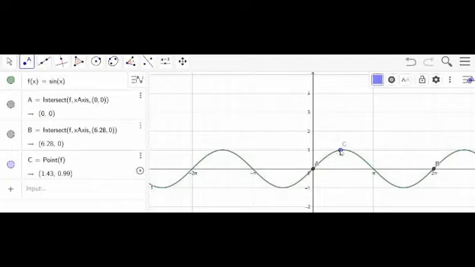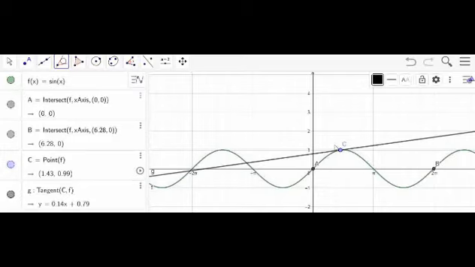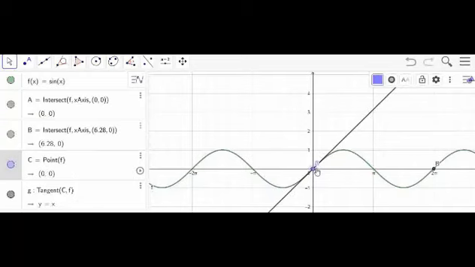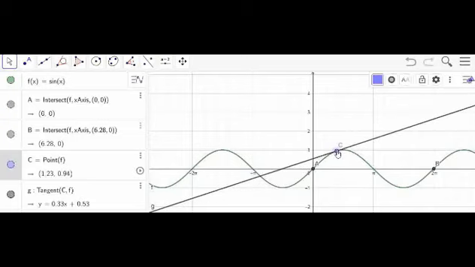Now we draw a tangent to the curve at this point. So this is the tangent at this point. Now I am moving this point along the curve, slowly, from A, that is 0.